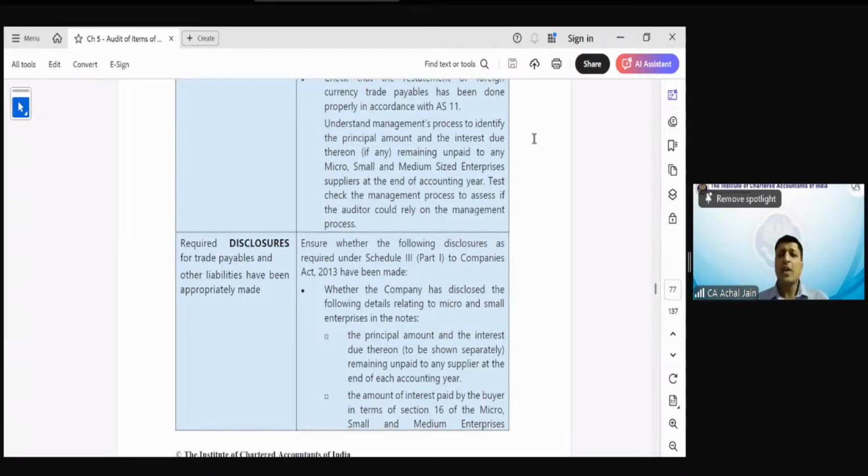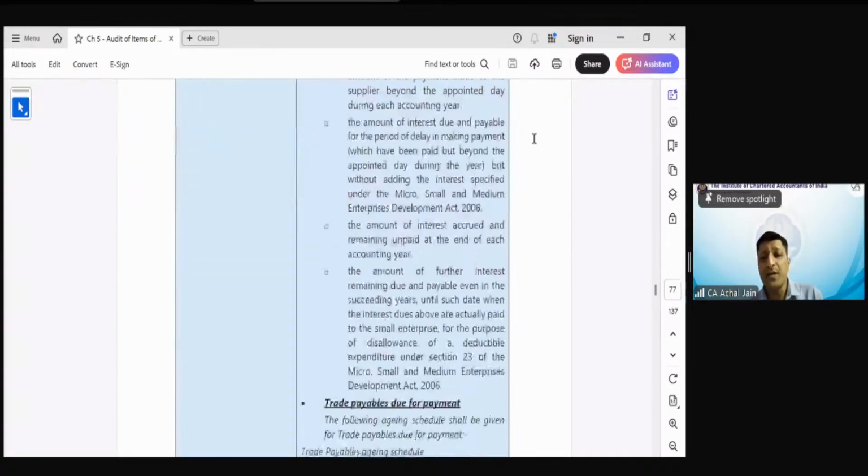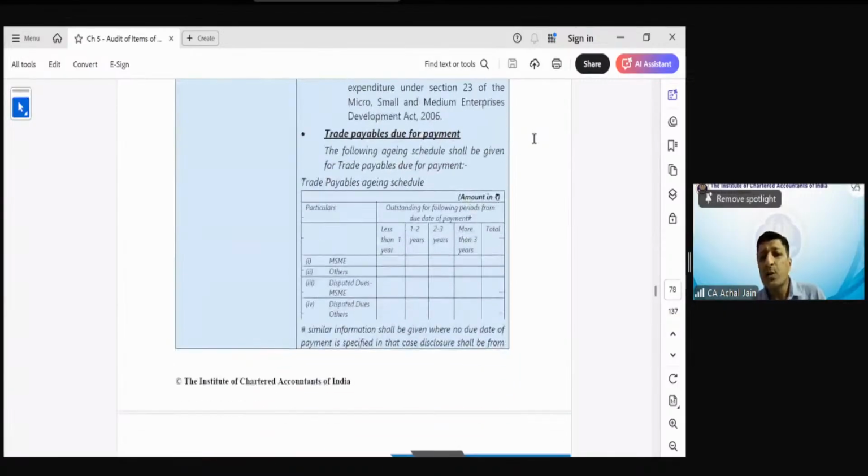All right, then of course in terms of the disclosure requirements, MSME we have already discussed. Then the disclosure requirements for trade payable has to be as per schedule 3. Now recently there was also a disclosure requirement which got attached, wherein the aging of the trade payables is required to be disclosed in the financial statements.